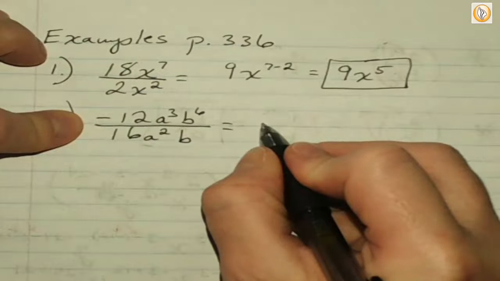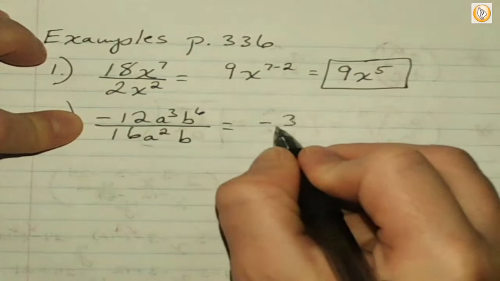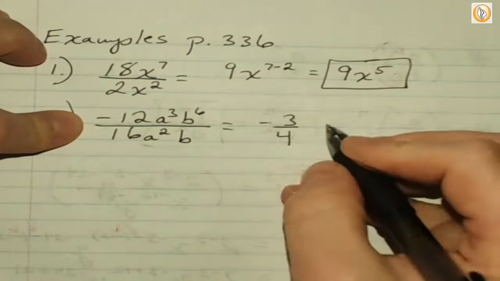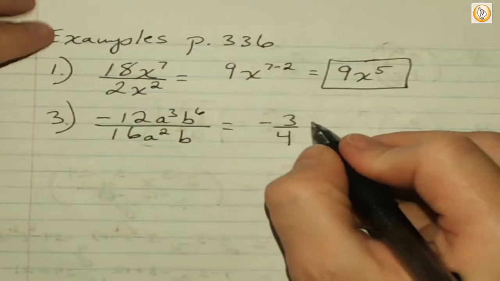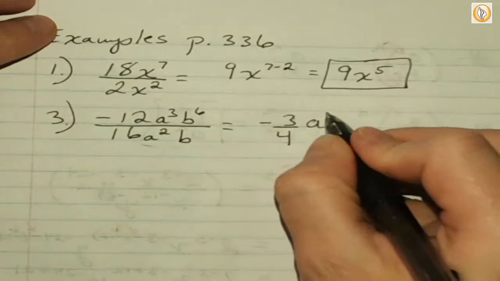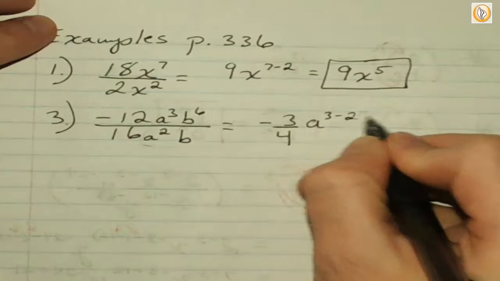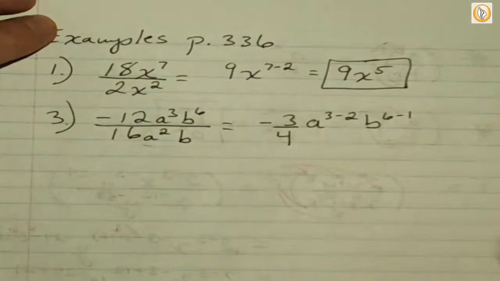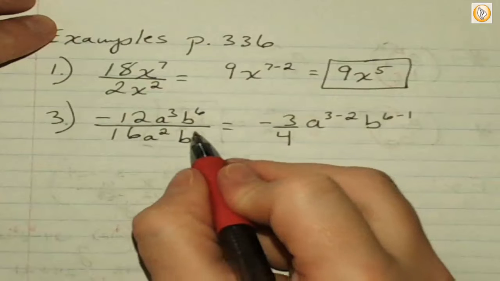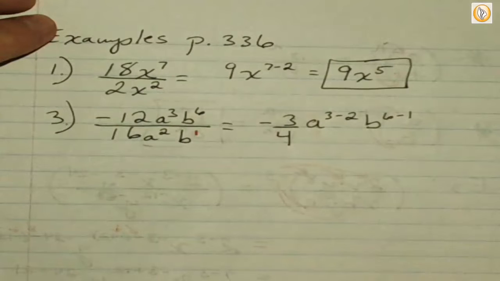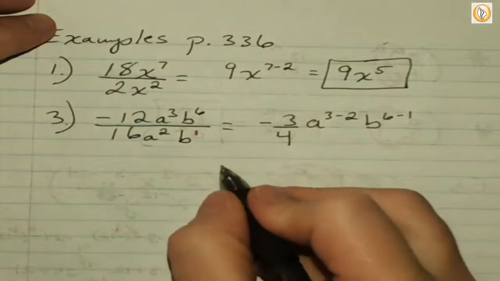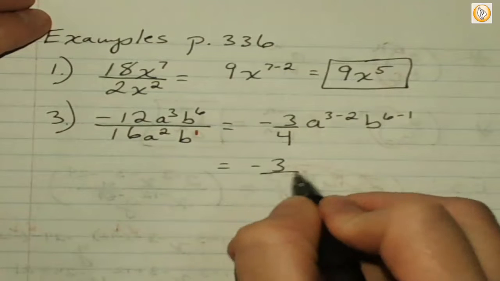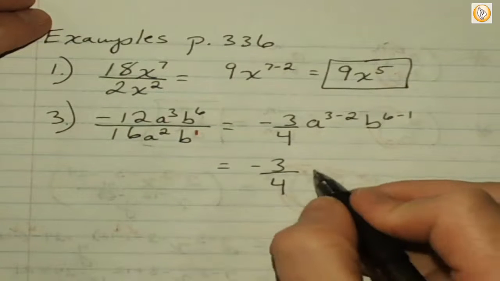Negative 3 over 4. Very good. Then you're going to subtract, so it's a to the 3 minus 2 times b to the 6 minus 4. For those of you that freak out, just go ahead and put a 1 there if there's nothing there. So then my answer is negative 3 over 4.